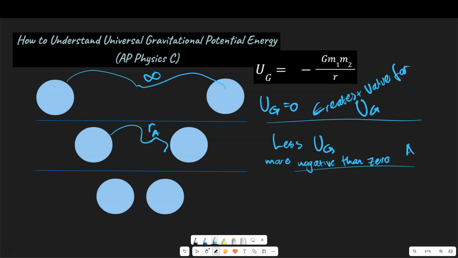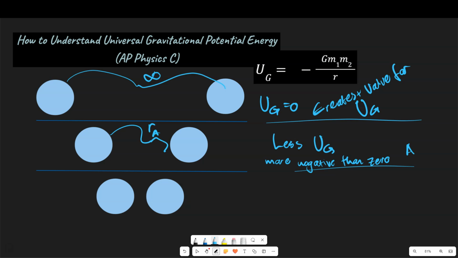Because if you think about it, it takes work to separate these objects. They attract each other. If there's something like planets, imagine they were close together, they would have a great attraction amongst each other. So to separate them, you have to do work. If you separate them to an infinite distance away, then the universal potential energy is going to max out at 0.